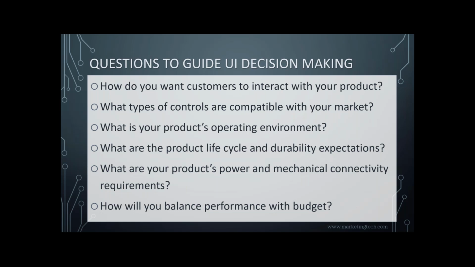A true 1 million cycles required might be there. And the durability expectations as well: if it's a mobile device, it needs to be designed in a rugged manner. We need to be able to choose the right kind of user interface technologies that will achieve your end market durability expectations. Power, mechanical, connectivity requirements.